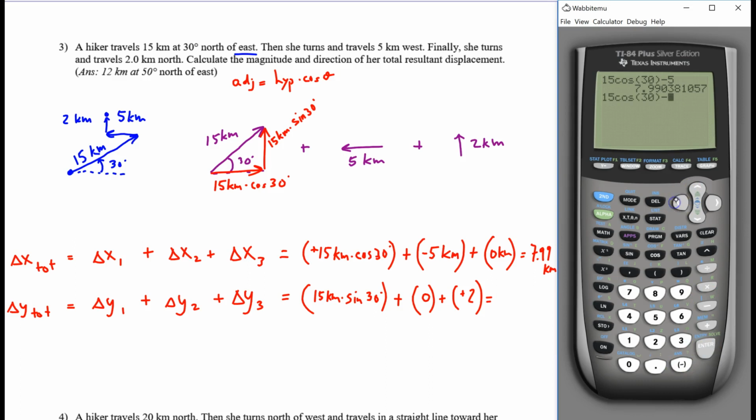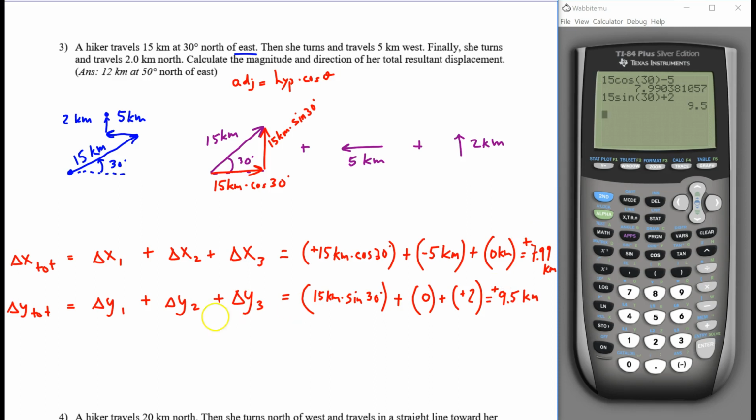Then I'm just going to change this to sine, and I'm not subtracting 5, I'm adding 2. 9.5. Notice that came out positive, so north, and this came out positive, so east.